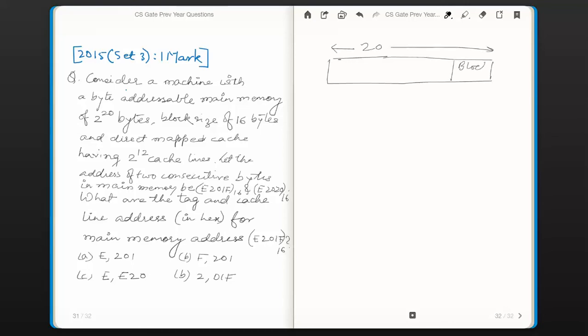One is block offset, then followed with cache index, and followed with tag bits.